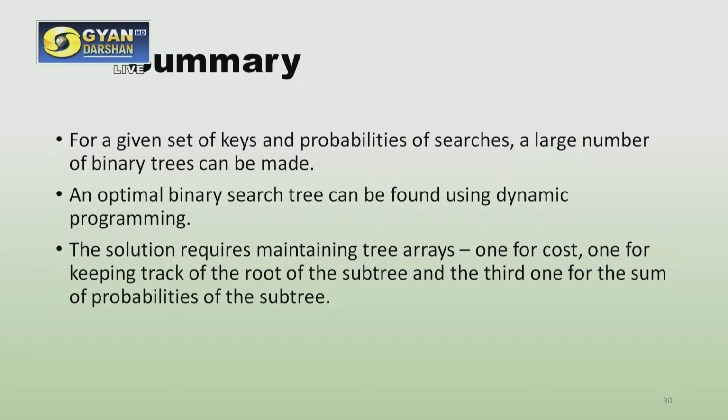The solution requires maintaining three arrays: one for cost, which was E, one for keeping track of the root of the subtree, that is R, and the third one is for the sum of probabilities of the subtree. So the W is the sum of all the probabilities.